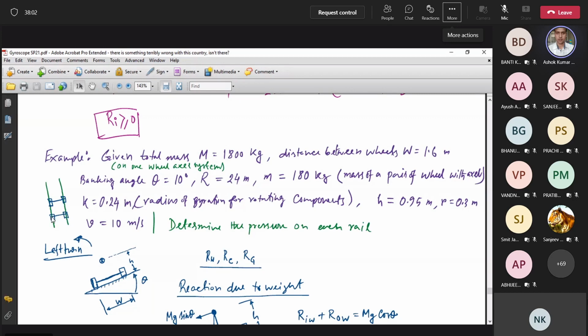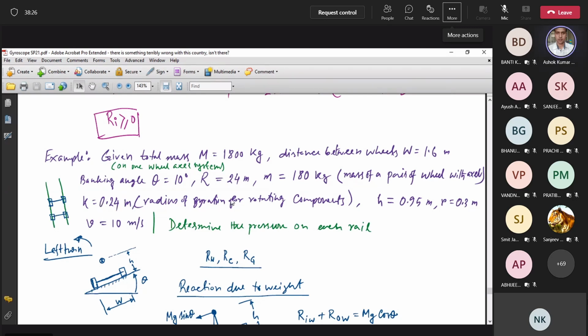All of these three components are rotating about the same axis, and due to turning, the whole system is rotating about a vertical axis. This whole system has a mass of 180 kg, and its radius of gyration is given here.